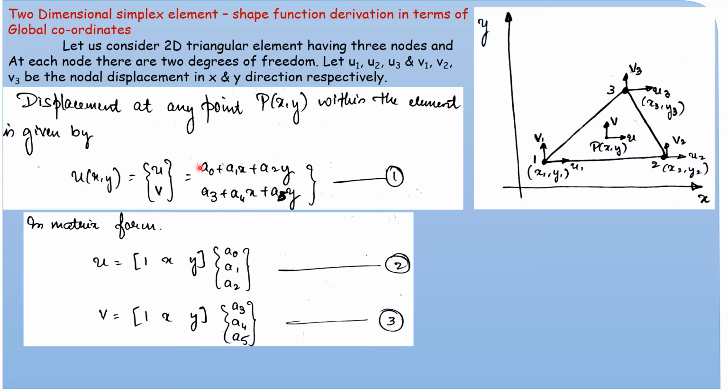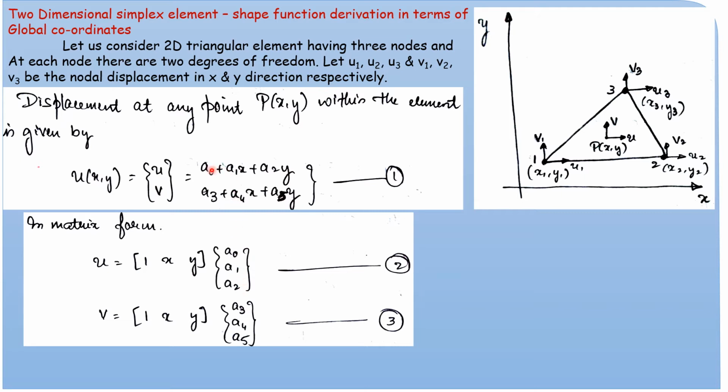So this is the equation which is given here. u equal to a0 plus a1x plus a2y, and with respect to v, that is displacement in y direction, a3 plus a4x plus a5y. These two equations are written separately in matrix form here. That is u equal to 1 x y times a0 a1 a2.